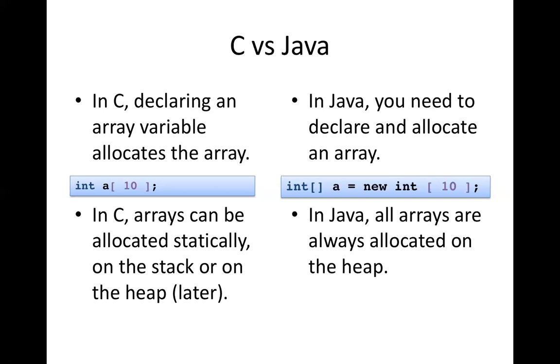If I had to compare it to C, I would say in Java, all arrays are allocated on the heap. We haven't learned how to do heap allocation yet in C, but that's a couple of days away. In C, we can allocate arrays just like heap, just like we do in Java.